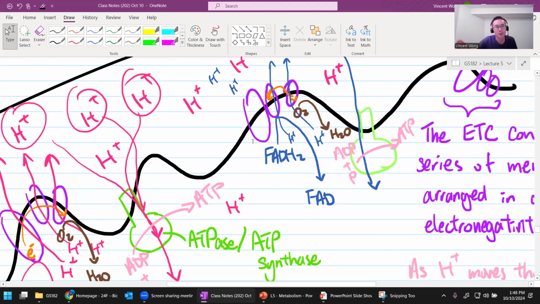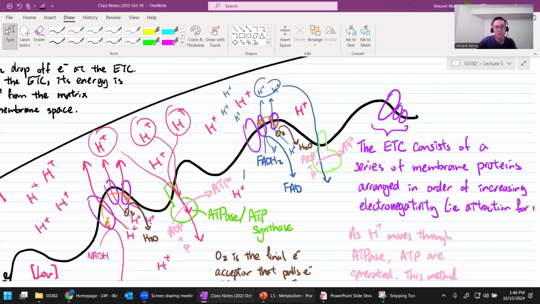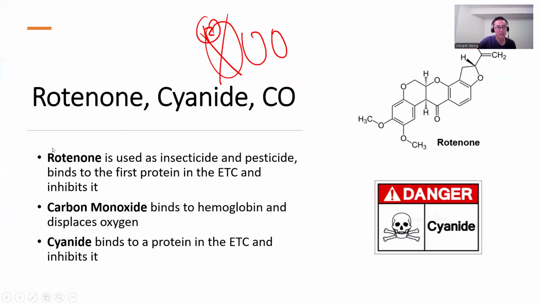So blocking the first one is not going to affect it. But it's not really helpful because we only create 2 FADH2, right? Which is only equivalent to 4 ATP. So if you have this stuff in your system, it's still going to be pretty toxic.